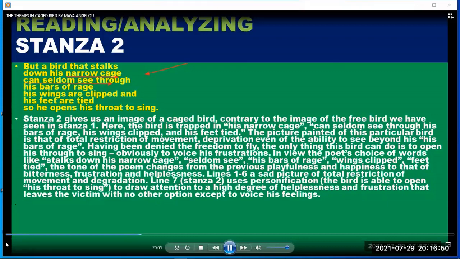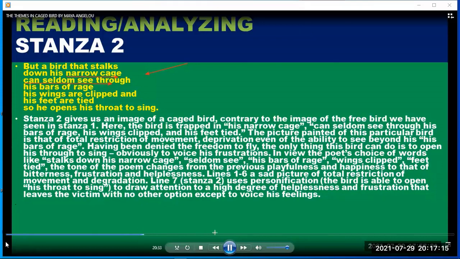Because when you understand the pains of the Black American of the slave era in America and the Black American of the racist era in the American society, then you understand what this poem is about. You understand the picture of the caged bird, all right?